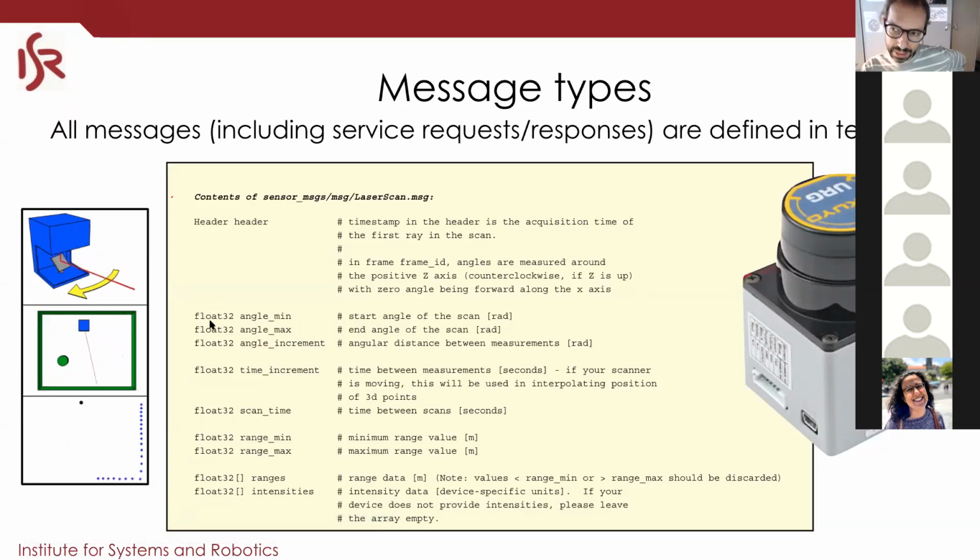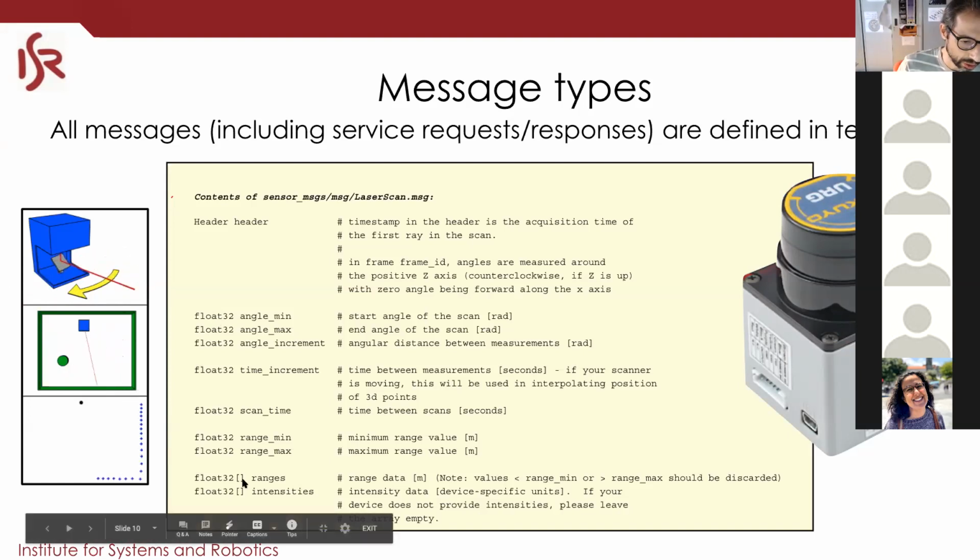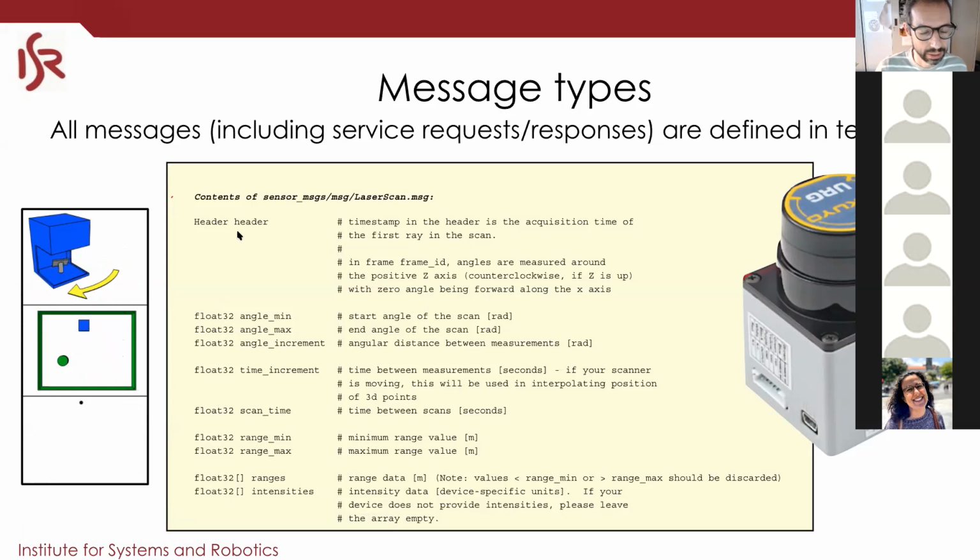In a message we have basic data types: integers, strings, floats, and a bunch of other basic types. You have arrays of types, and then you can have types that are defined on top of the other ones. The header is one of those cases. A header is one message type that can be included in this message type, so you can have message types in a nested way.